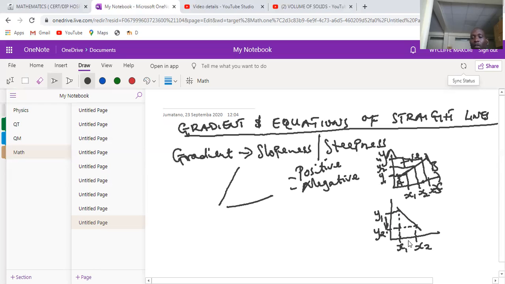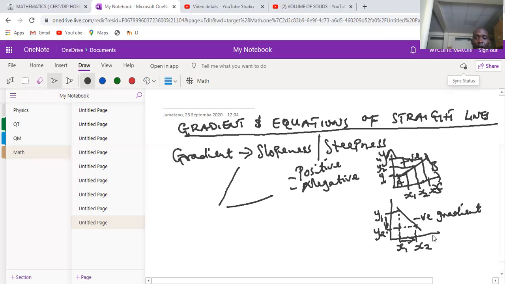When this is increasing, this is coming down, it is going to have a negative kind of gradient. So gradient can either be positive if the line is sloping from bottom left towards the top right, or it can be negative if it is sloping from top left towards the bottom right. That is the starting point of this particular area.